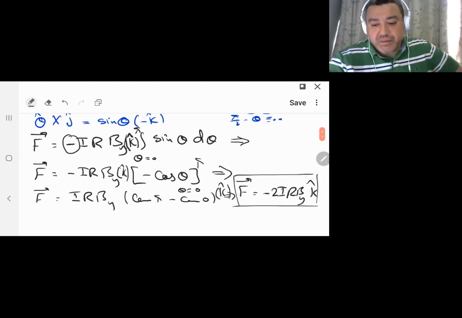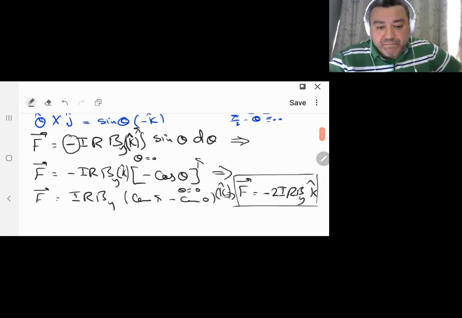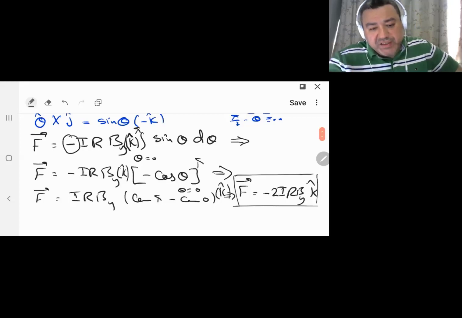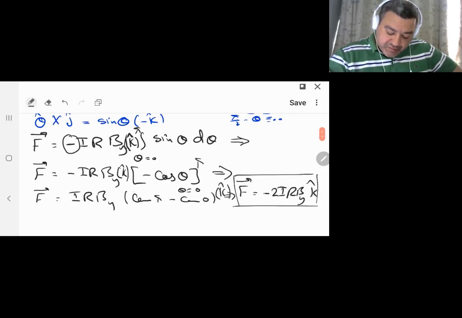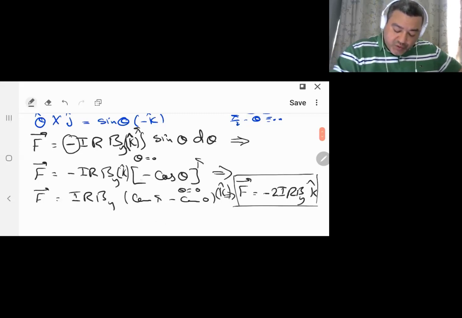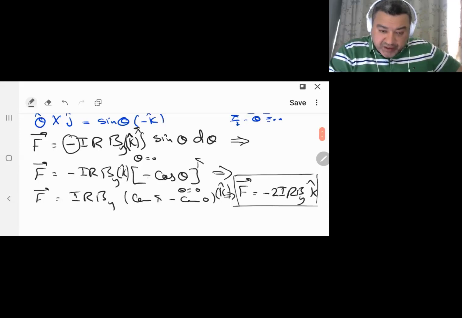Any other questions? We have a minus that came from the integration, right? When we did the integration, we got a minus. This minus canceled with the minus that came from the minus k hat.